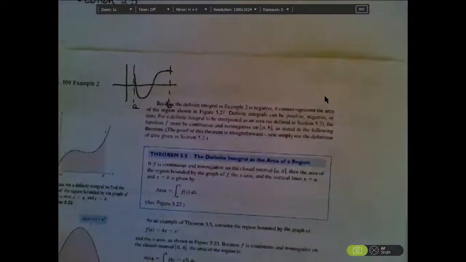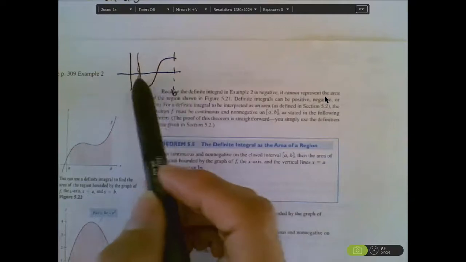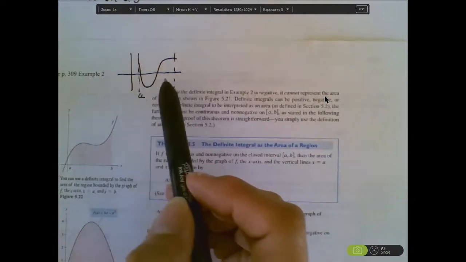If the function is negative for part of that interval, then integrating from a to b doesn't give you the area.